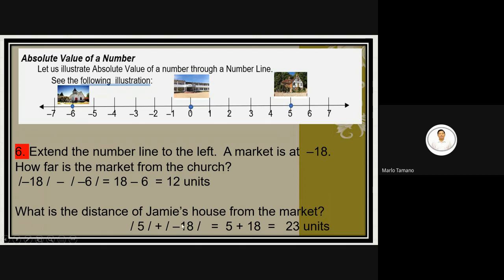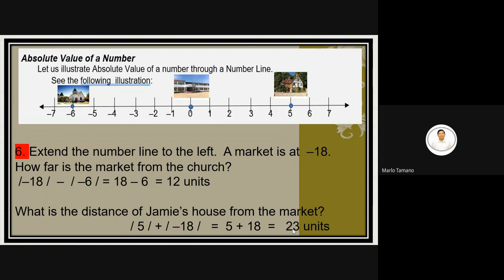So the absolute value of 5 is 5, plus the absolute value of negative 18, which is 18. Then add 5 and 18, that is equal to 23 units. Okay?